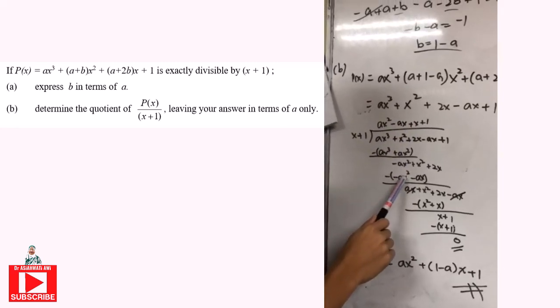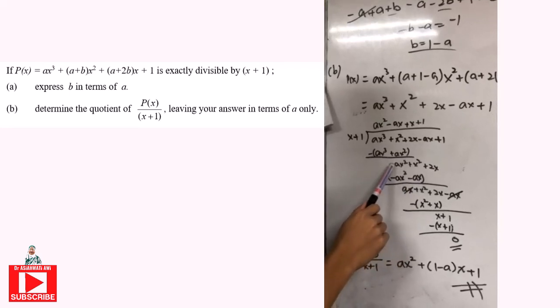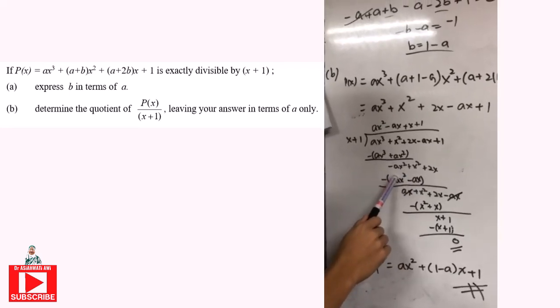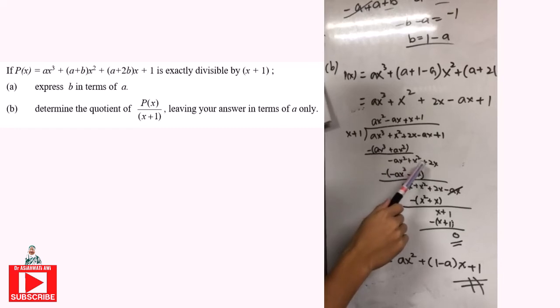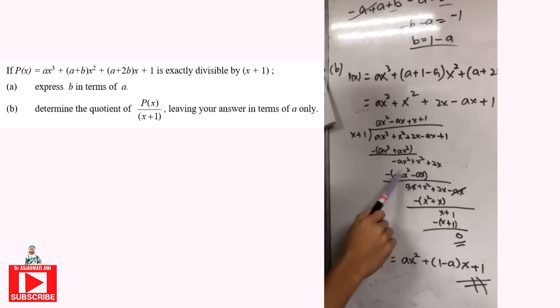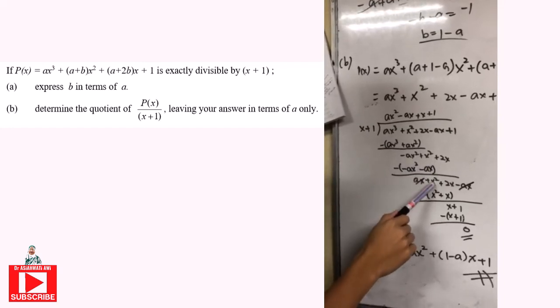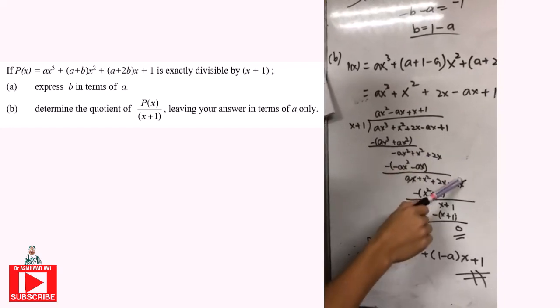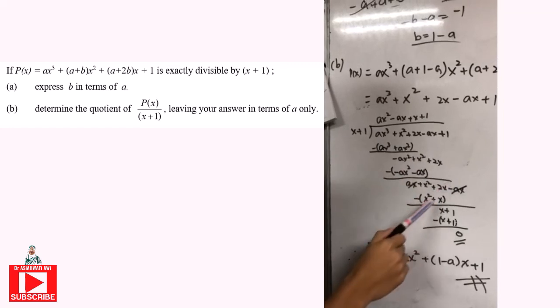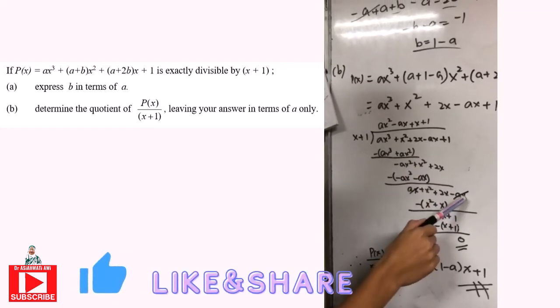So we get negative ax squared minus ax. And then negative ax squared plus ax squared, we get 0. And then we write down ax, because of negative times negative, we get positive ax. And then x squared plus 2x, we write down negative ax. So ax minus ax, we get 0.